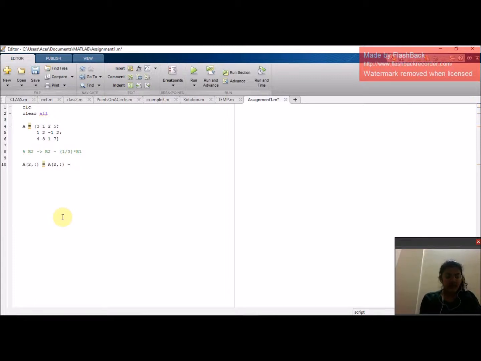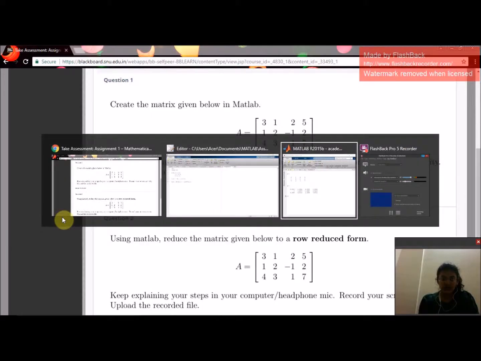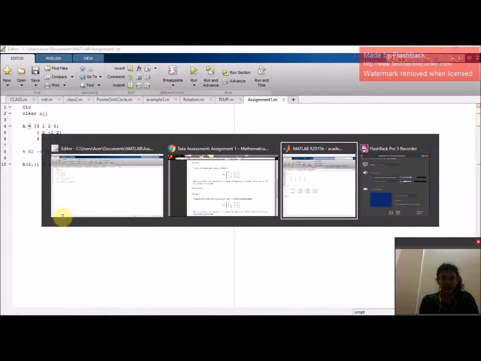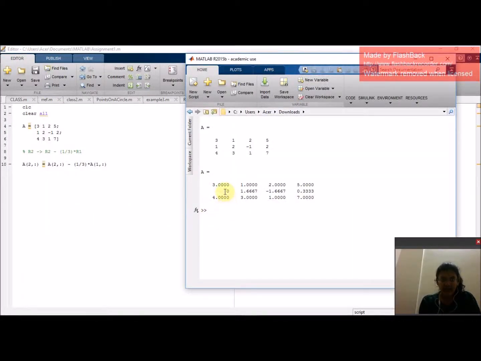So in case we put a number, it'll act in place of the colon, it'll access a particular element which maps to those two coordinates. So if we run this, we see that the first element of the second row becomes 0.